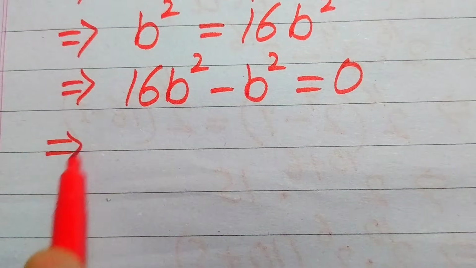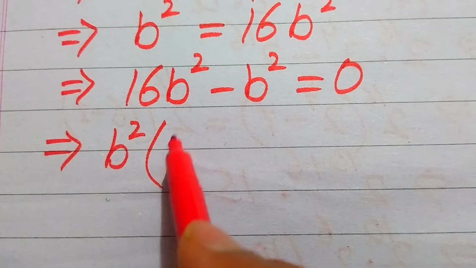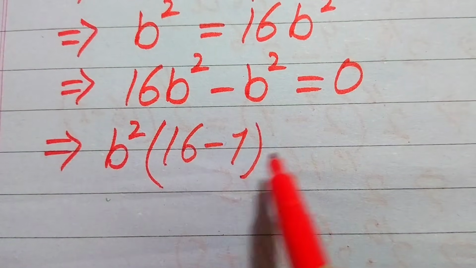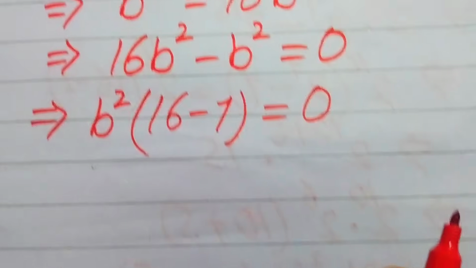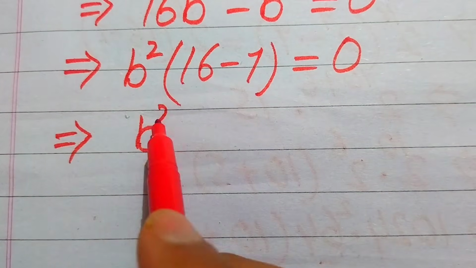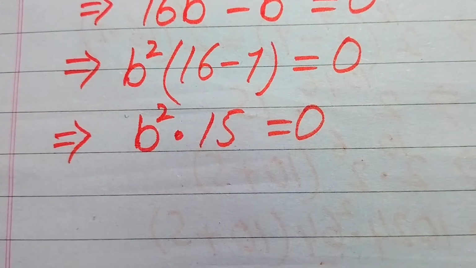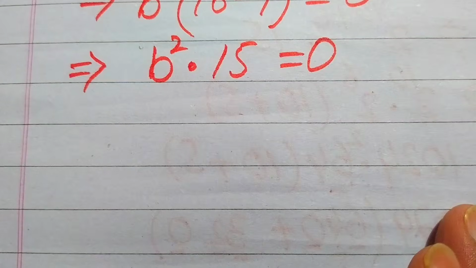Here you see that both of these terms involve b squared. So we take b squared common from here, and the remaining values are 16 minus 1, and this whole expression is equal to 0. Now we have b squared multiplied by 16 minus 1, which becomes 15, equal to 0.